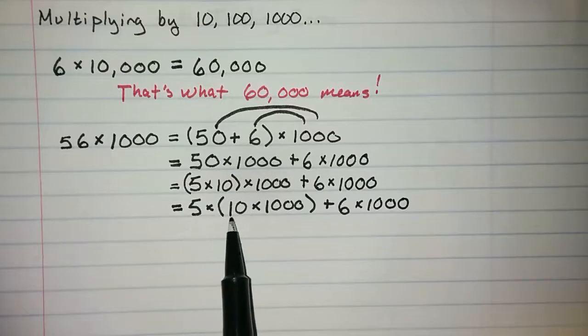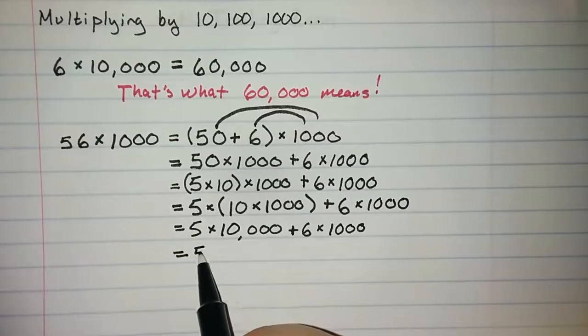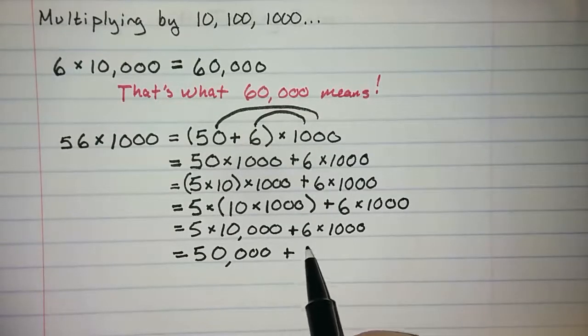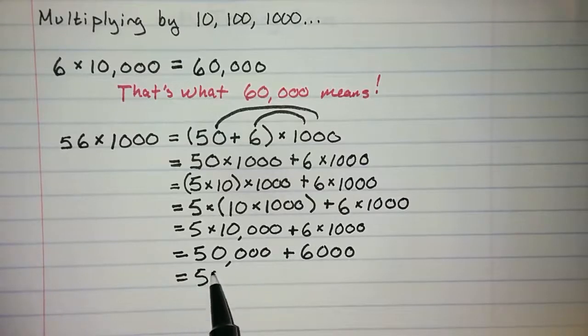That's 5 times 10 times 1,000. 10 thousands is just a 10,000. Oh, that's really cool though, right? That's 5 10,000s plus 6 thousands. That's 56,000.